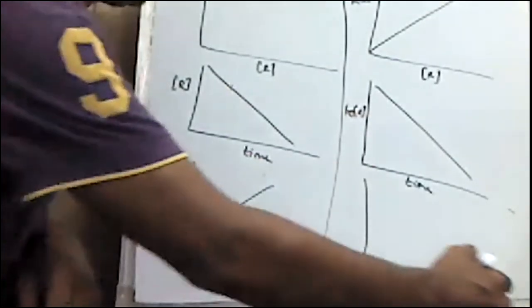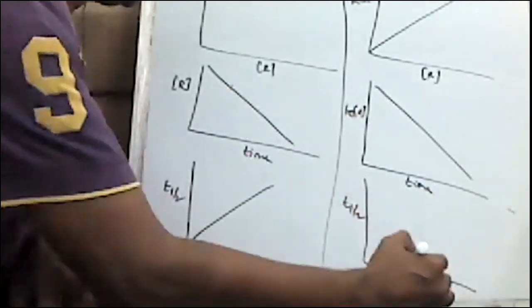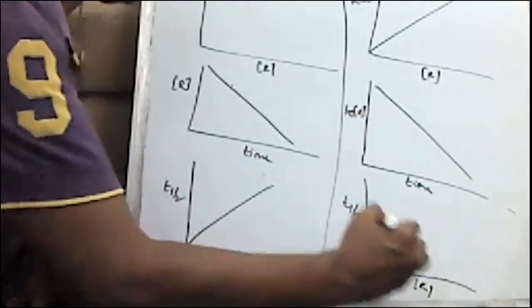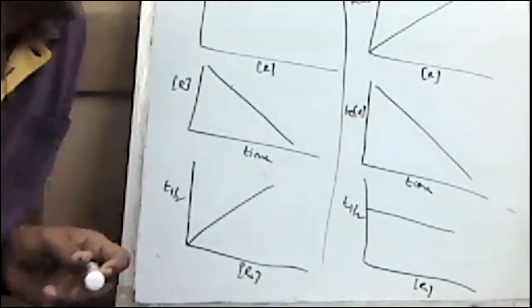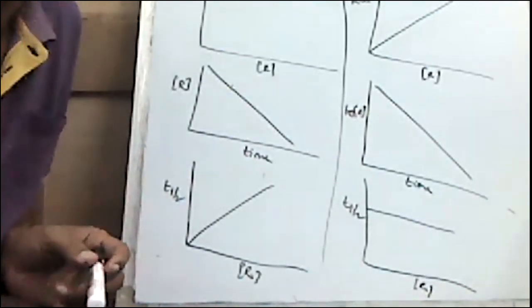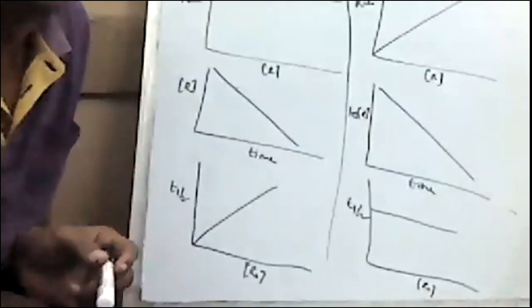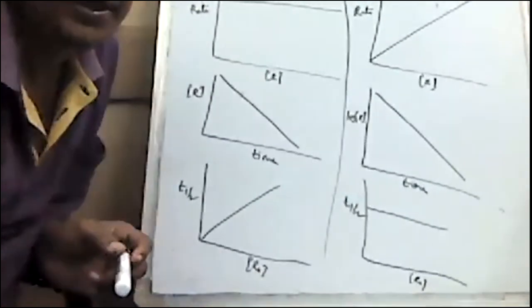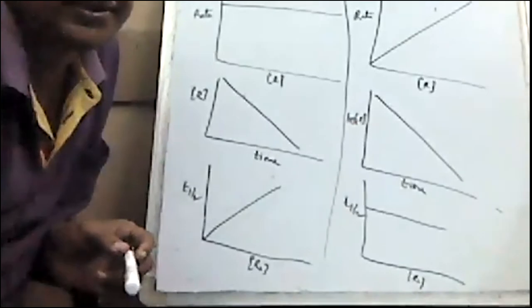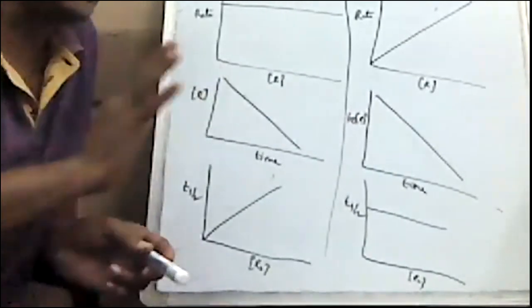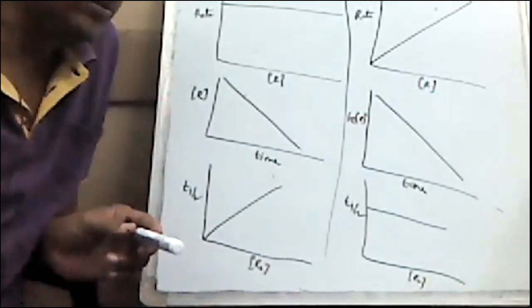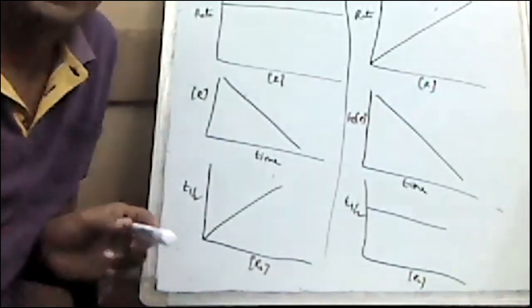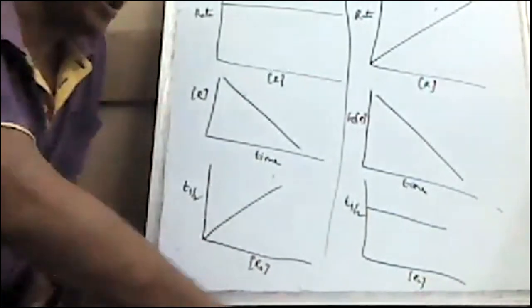Whereas for the same plot, half-life versus concentration of reactants, it is parallel to the x-axis, because half-life of a first order reaction is independent of the concentration of the reactant. So now these are the 6 plots which are important for competitive exams such as NEET or JEE Mains or MSET or FSET.